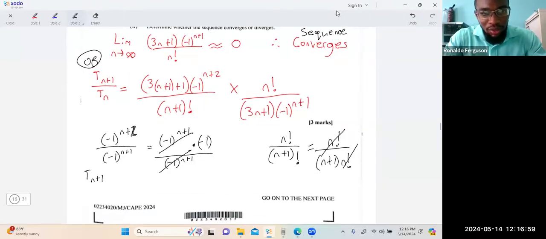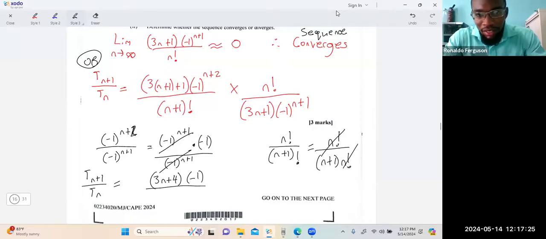So far, Tn plus 1 over Tn would work out to be, this cancels out, that cancels out. Then we have the 3n plus 3 plus 1, which is 3n plus 4. So the numerator we have 3n plus 4. This part works out to be negative 1, and n factorial over n plus 1 factorial is now just n plus 1 in the denominator, times our 3n plus 1.